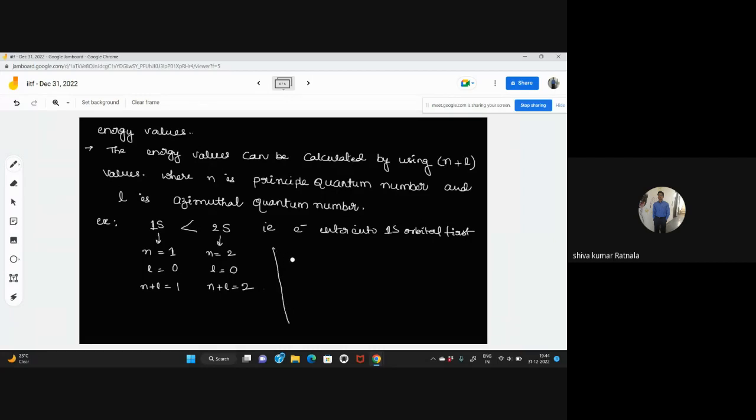And next, if I'm taking 2p and 3p, in which orbital will it enter first? What is the n plus L value? For 2p orbital, n is 2. For a p orbital, what is the L value?